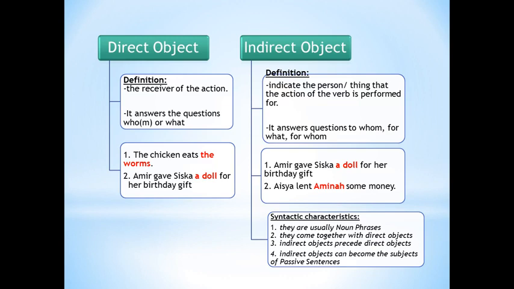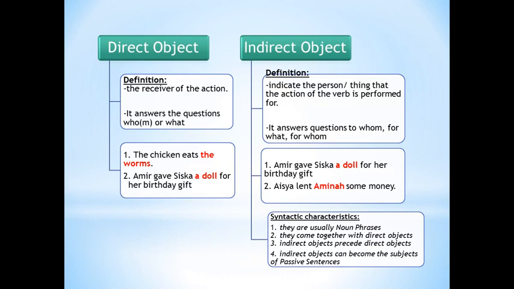So we can see the syntactic characteristic for indirect objects. The first, they are usually noun phrases. Biasanya berbentuk frasa benda. Second, they come together with direct object. Mereka datang bersama dengan direct object atau objek langsung. And third, indirect objects precede direct objects.